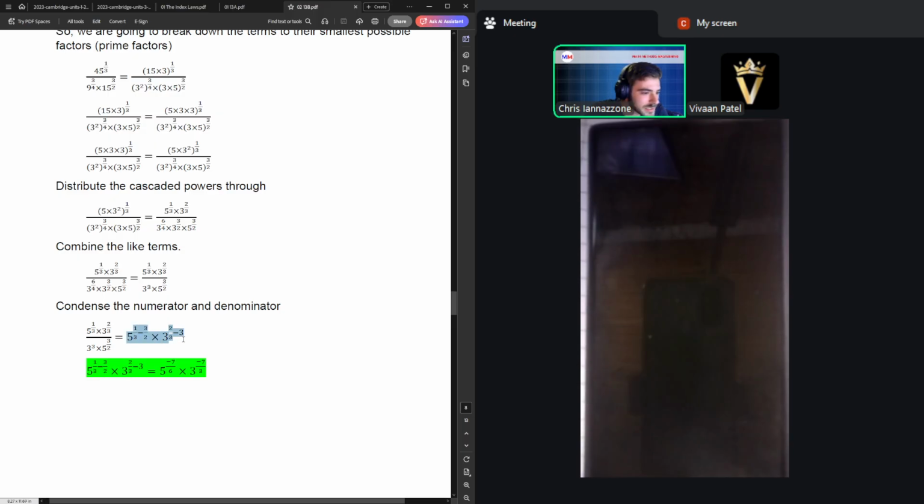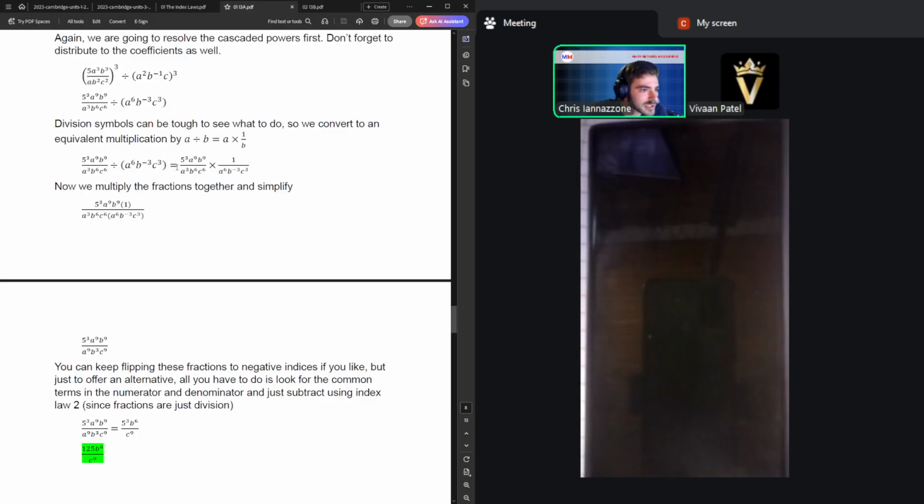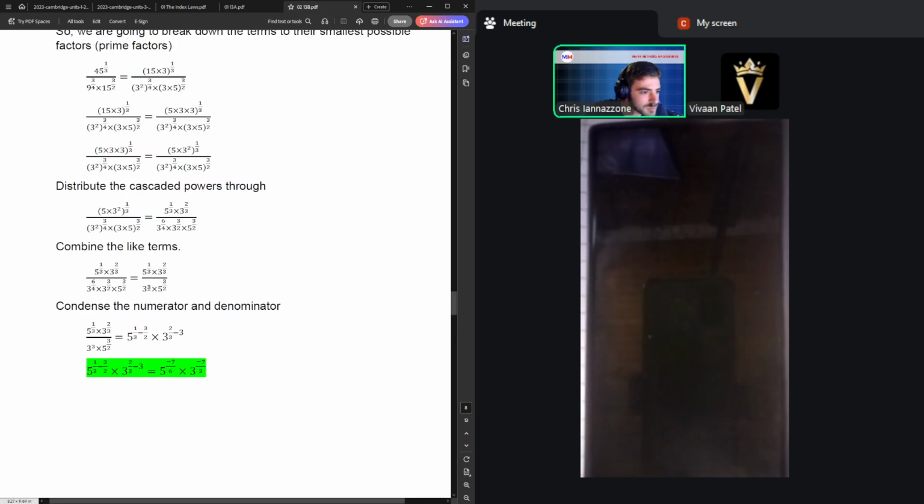Some people like looking at the negative indexes, so if the pure visual of the fraction is a bit annoying, you can split this off as a multiplication of 1/. So kind of like what we did here. If that visual is more appealing to you, then you can absolutely split off this denominator, and then it looks like multiplication, so you can do your multiplication rule stuff.